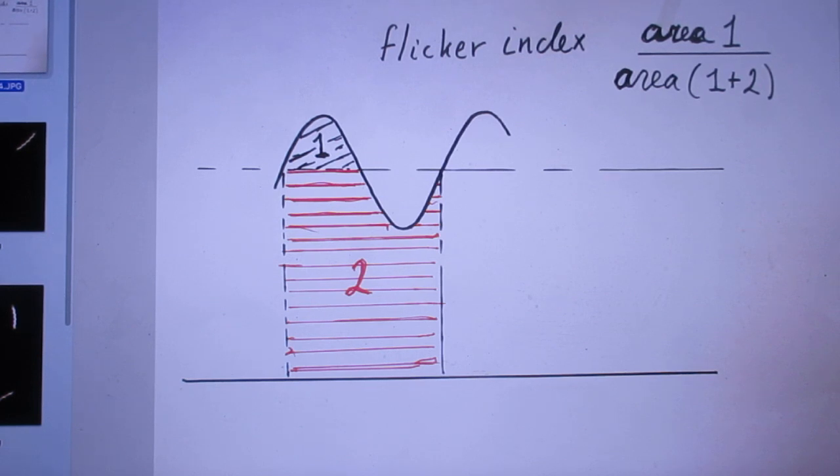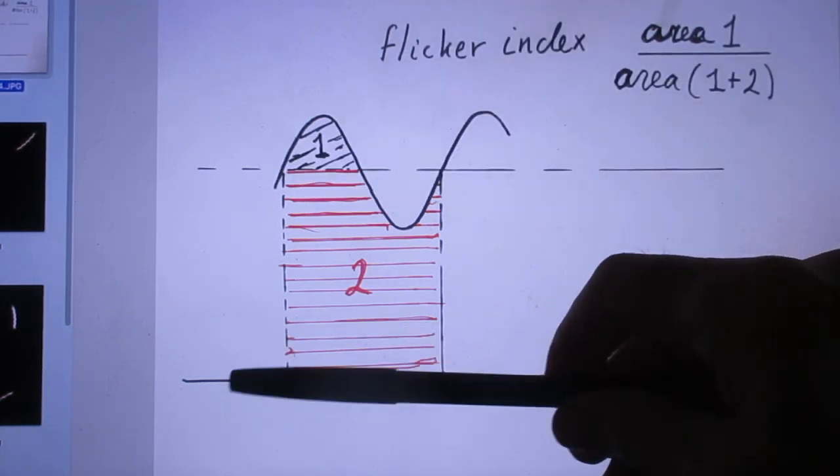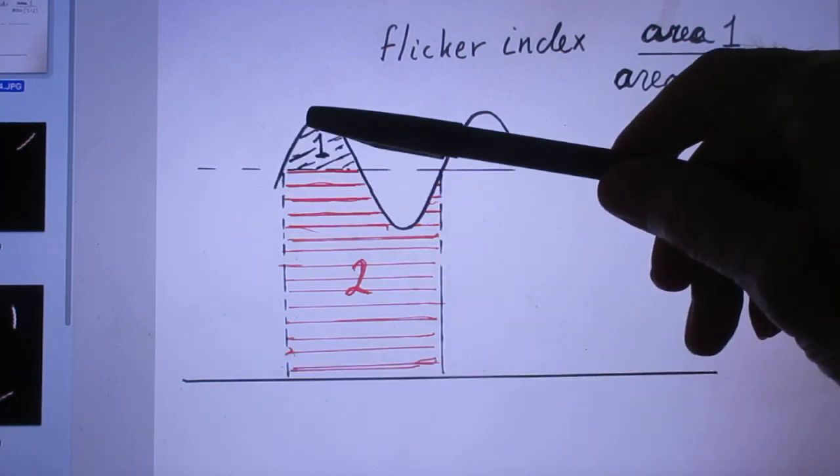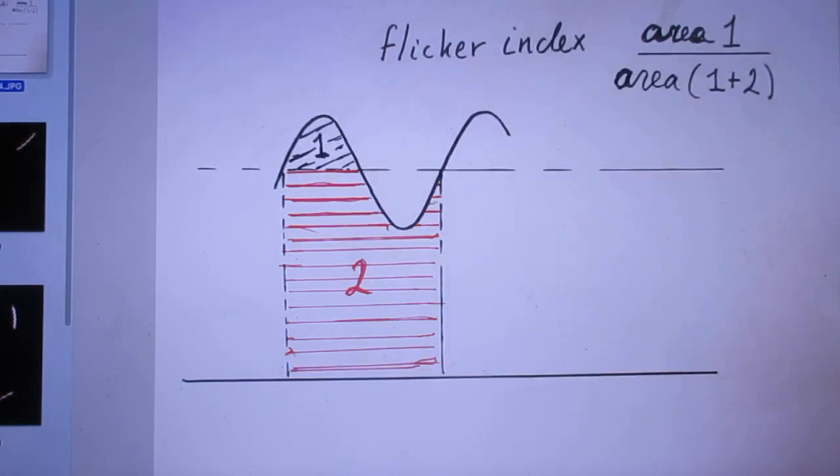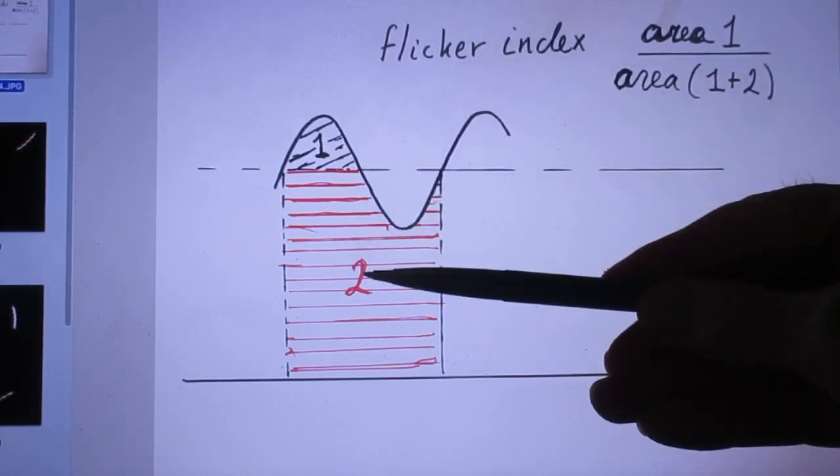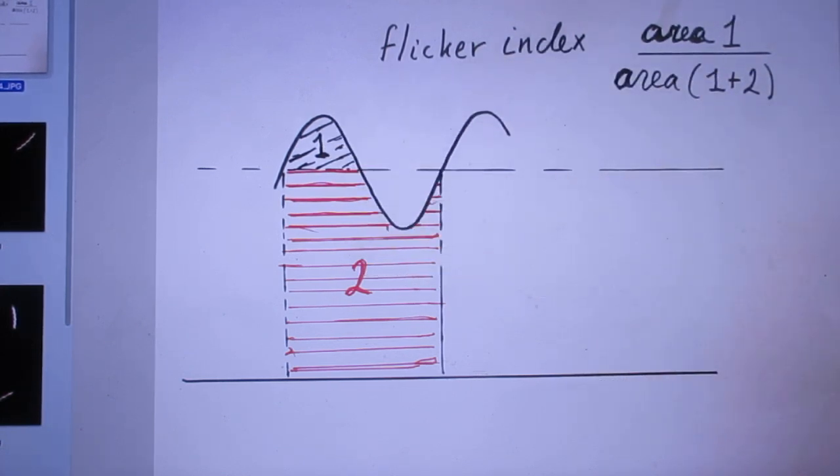Then the flicker index is defined as the area, so this is 0 light, as the area under here divided by the area under 1 plus 2. That is the flicker index. And that's what counts.